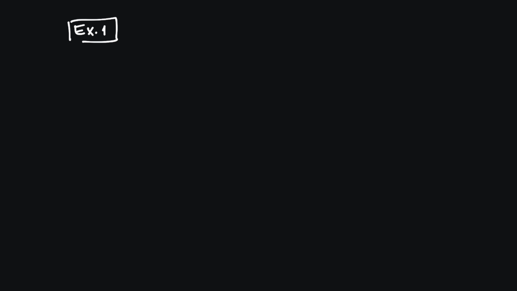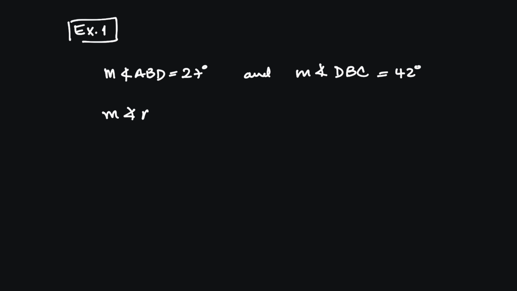Let's do an example. Let's suppose that the measurement of angle ABD is equal to 27 degrees, and the measurement of angle DBC is equal to 42 degrees. What would be the measurement of angle ABC?